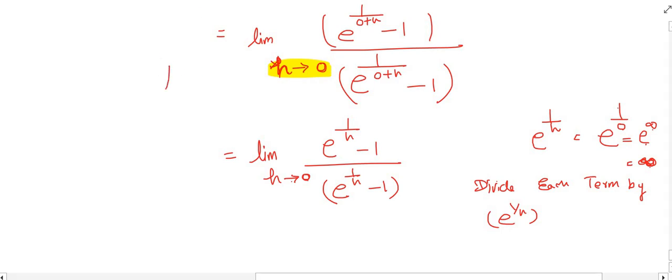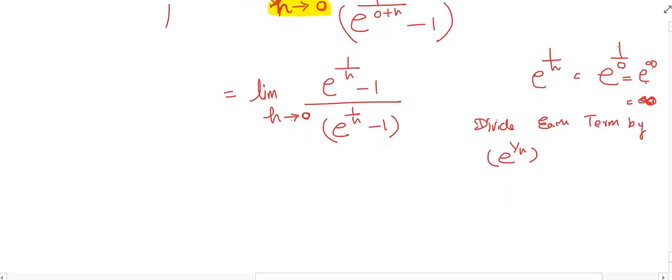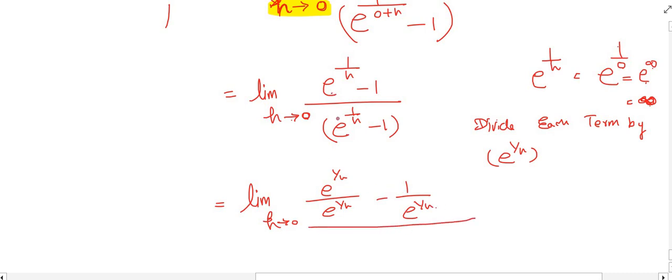See carefully how to do it. It is limit h tending to 0, and I am dividing each term by e raised to power 1 by h, in the numerator and in the denominator as well. Each term is divided by this. I hope it is clear.